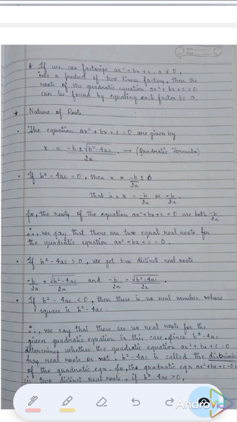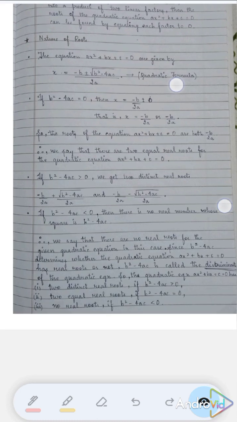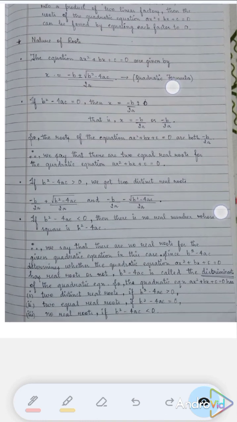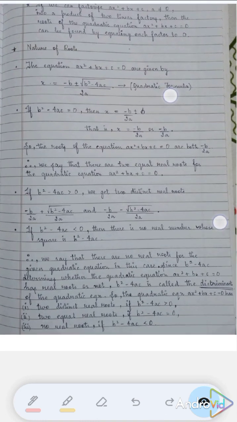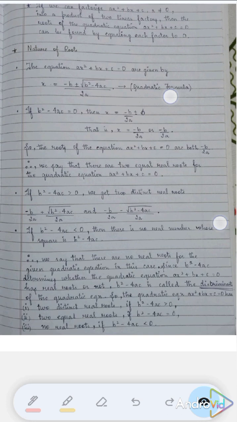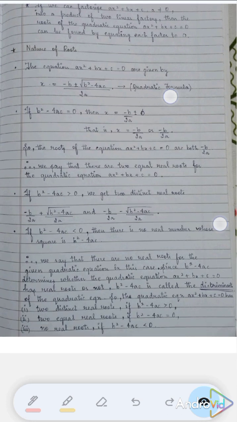So there are three conditions for the nature of roots. The discriminant value D equal to b square minus 4ac would be equal to 0, or greater than 0, or less than 0. Therefore, there are no real roots for the given quadratic equation if it is less than 0.